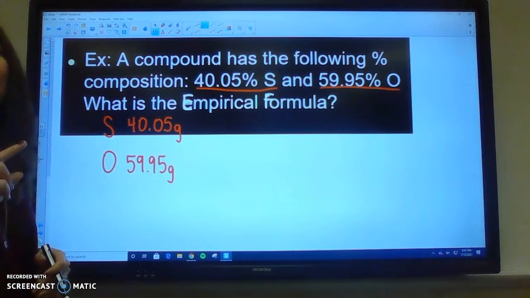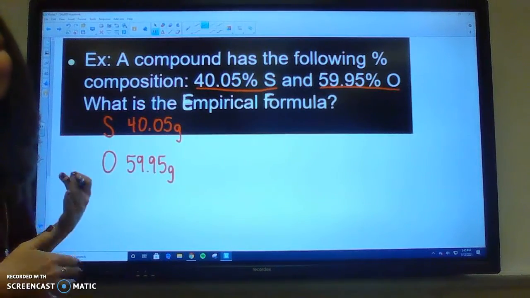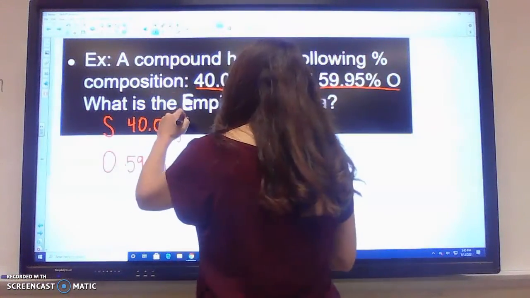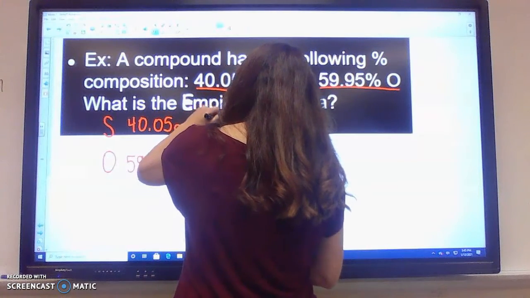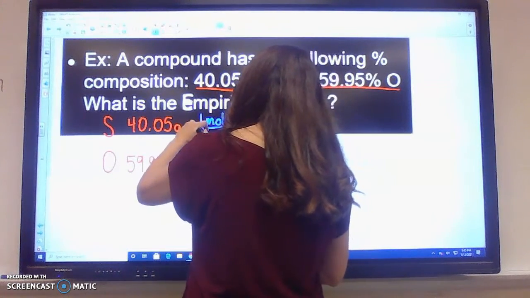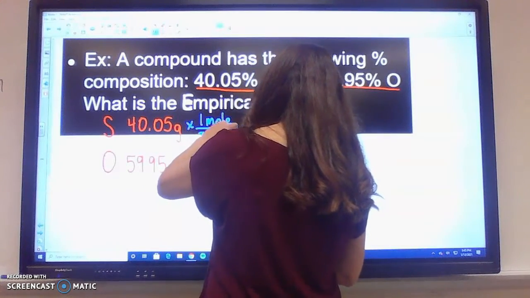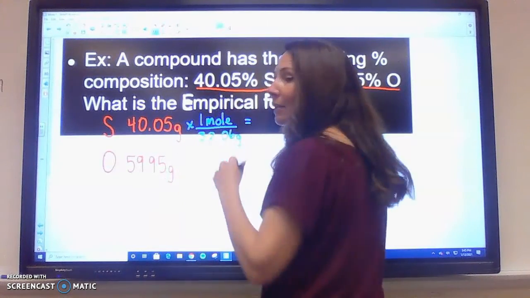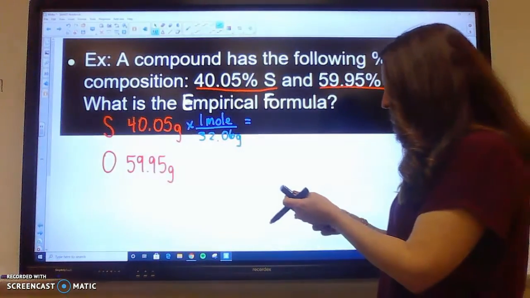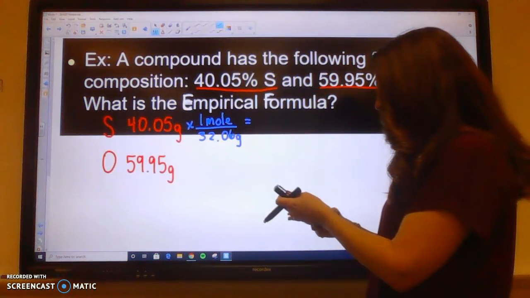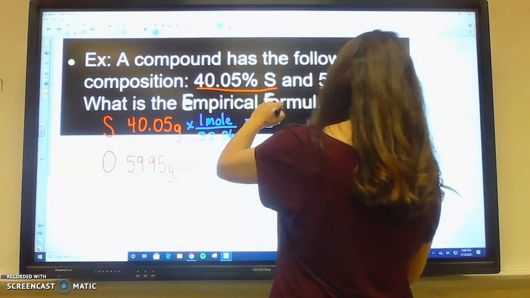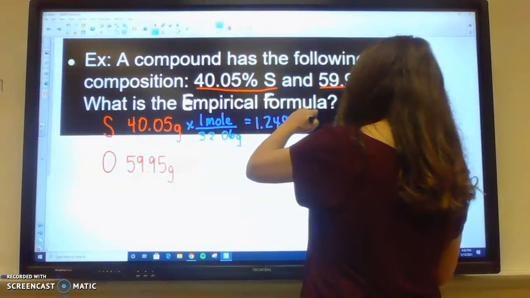Second step, we convert the grams to moles for each substance. So we take sulfur and we do a conversion. The 1 mole goes on top, but the molar mass of sulfur on the periodic table is 32.06, and we divide by that. Now we need to go to 3 decimal places. So 40.05 divided by its molar mass gives us, to 3 decimal places, 1.249 moles.